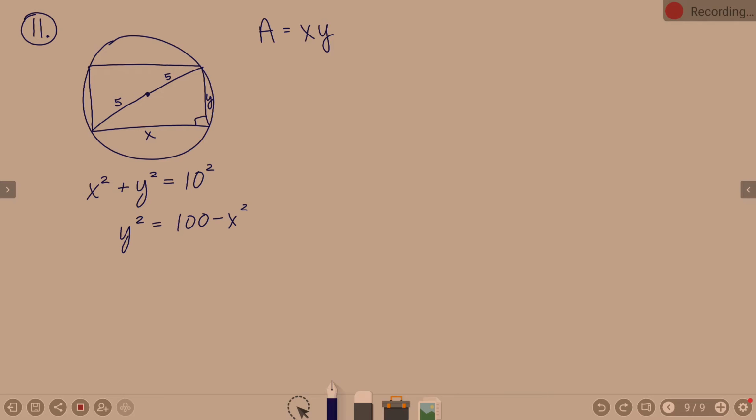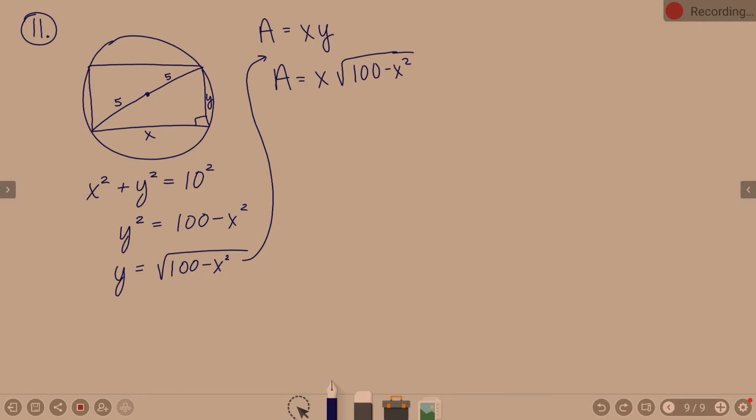We're going to take the square root, of course, and say y is the square root of 100 minus x squared. Okay? So now that 100 minus x squared can go up here. So area is x times the square root of 100 minus x squared.